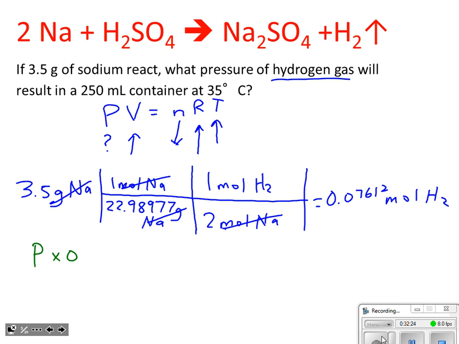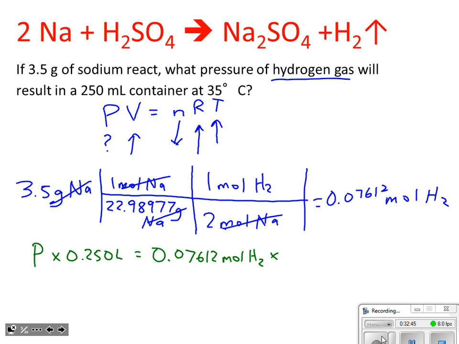Volume is 0.250 liters. My number of moles I just calculated, 0.07612 mole hydrogen gas.